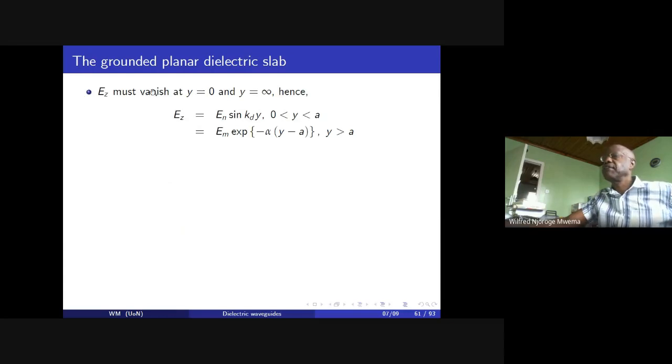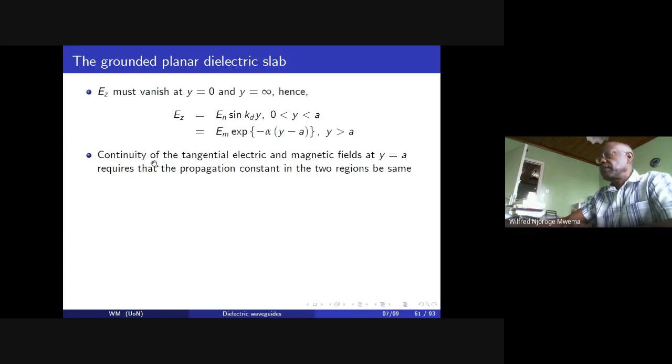So Ez must therefore vanish at y equal to 0 because we have a conductor there, and at y equal to infinity because we expect the Sommerfeld radiation conditions to apply, and because of the way we have written it with alpha. And therefore, Ez is going to be given by En sine Kd y in the region 0 less than y less than a, and Em exponent of minus alpha times y minus a for the region y greater than a.